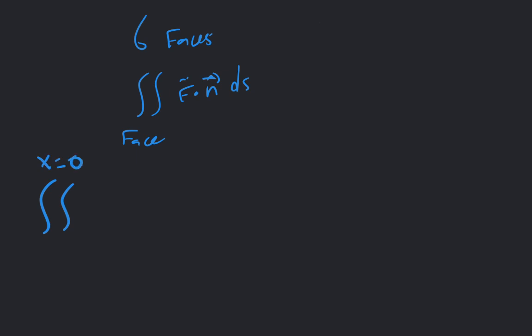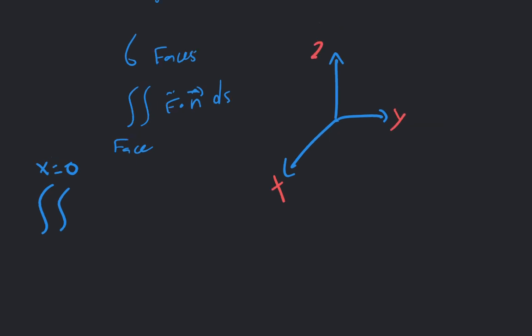Here we're going to have x equal to 0. So I guess it's going from 0 to 1, 0 to 1. Something like that. So we're going to have x equal to 0 for this face.